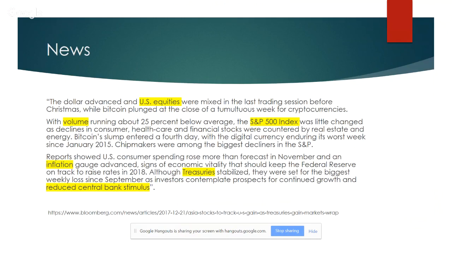It's not just about stocks and how much Walmart and Target can boost their profits because people are spending more. This relates to the overall strength of the economy as well, right? So consumer spending rose more than forecast in November, and inflation, right? So once again, the dollar advanced because reports showed that in November the numbers were higher than what the market expected, right?